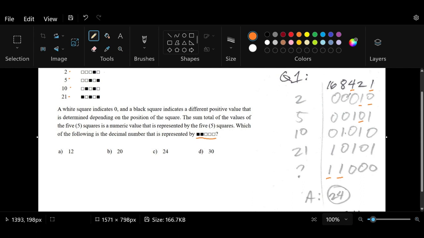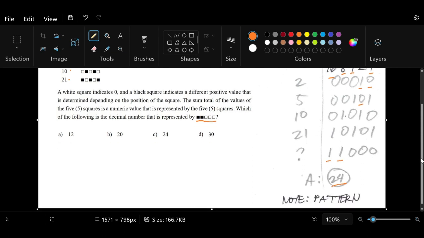Therefore, if we continue on with the binary system, where you have 1s or 0s in a sequence, then that would be 8 and 16. And so when we add 8 and 16, what we get would be 24.